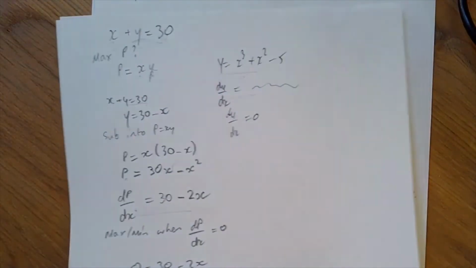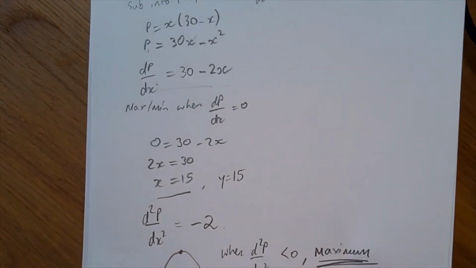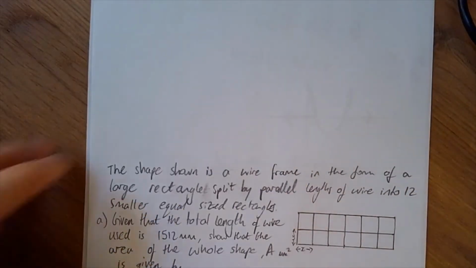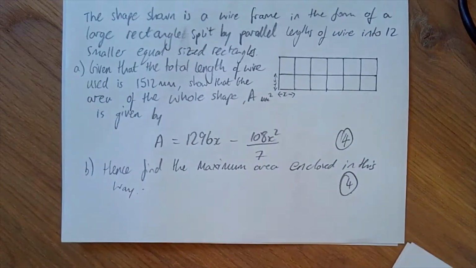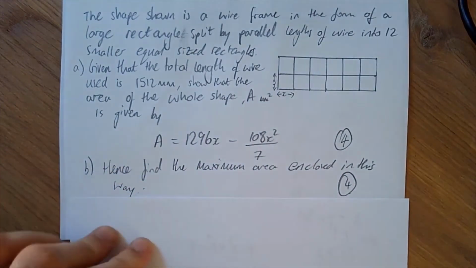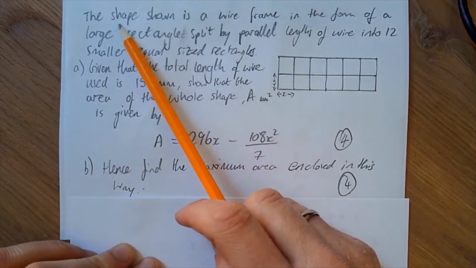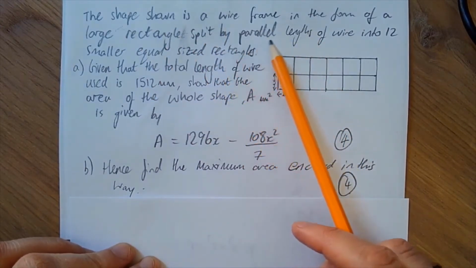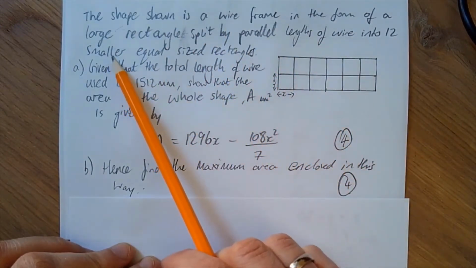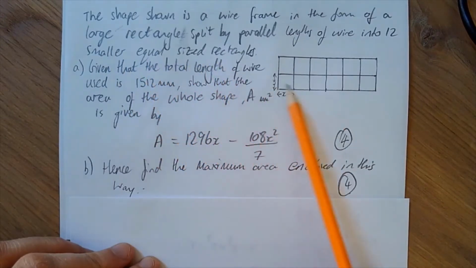Now I'm going to move on to the slightly more practical problem I wrote down earlier, so excuse all the door banging. Let's read this then. The shape shown is a wire frame in the form of a large rectangle split by parallel lengths of wire into 12 smaller, equally sized rectangles.